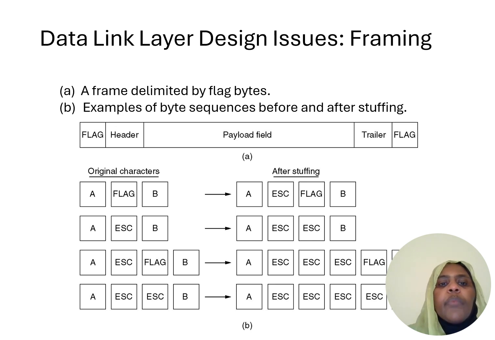But if the flag byte happens within data, a skip byte is introduced, and if the skip byte has occurred in data, another skip byte is introduced. In the third example, a flag byte and a skip byte have happened in the data, and each of them was stuffed by a skip byte.